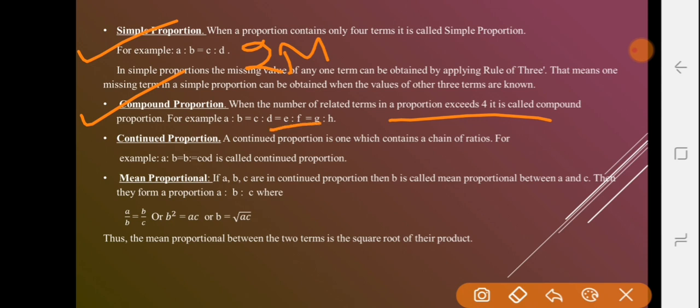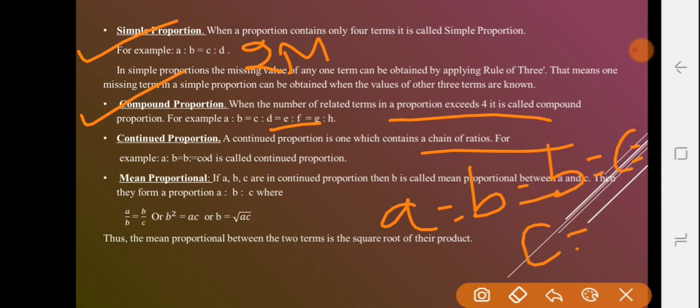The next one is continued proportion. It is one which contains a chain of ratios. A chain of ratios is like: a is to b is equal to b is to c, that is equal to c is to d, equal to d is to e, like that. There is a continuity in this kind of proportion, and that is termed continued proportion.